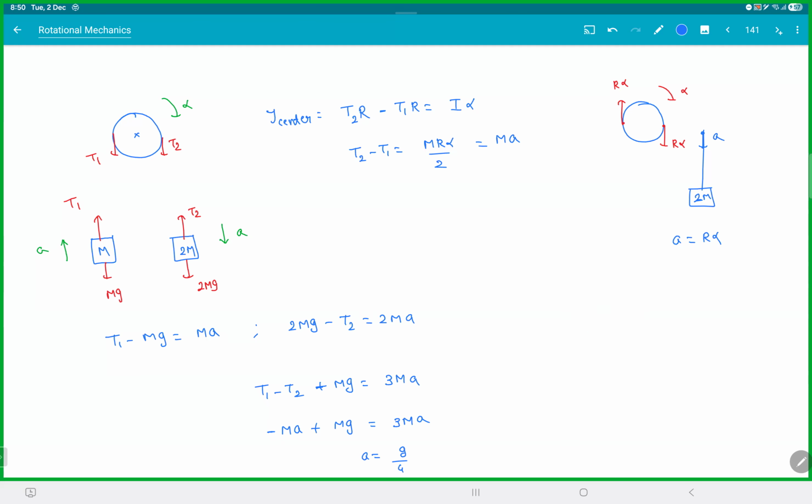Wait. Sir, you took mr alpha upon 2 as MA. Yeah, right. There I goofed up. A is equal to 2g by 7. Clear with this? Just have a look at this.